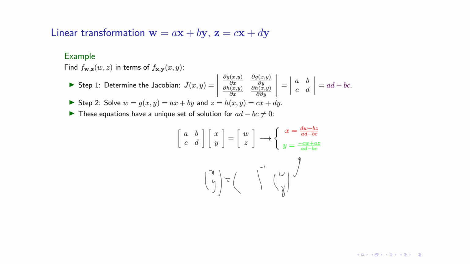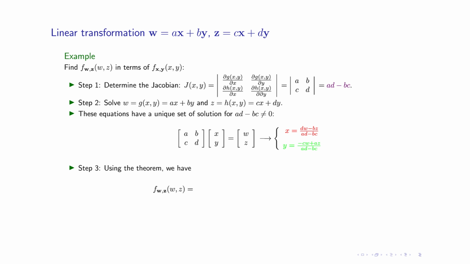So this is only one solution. There is a solution when AD minus BC is not zero. If AD minus BC is zero, then there is either no solution or an infinite number of solutions.